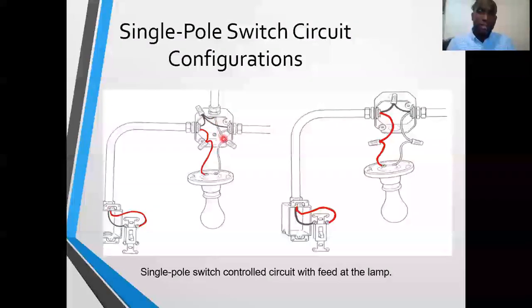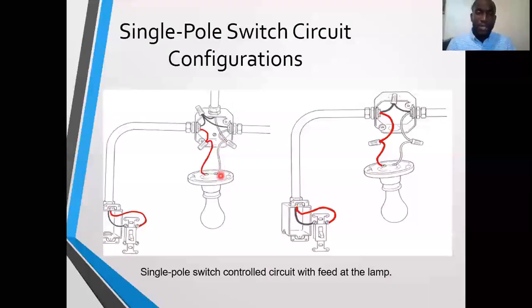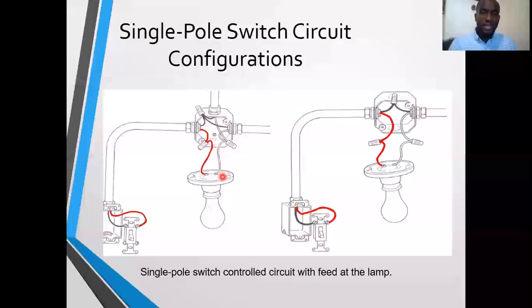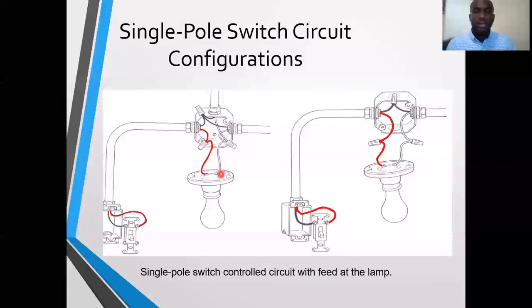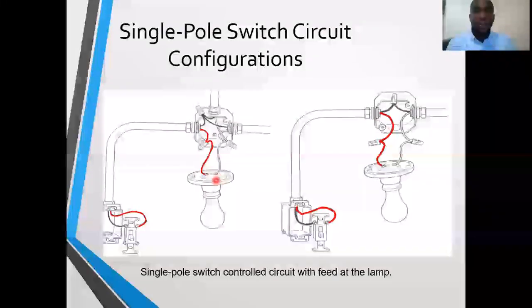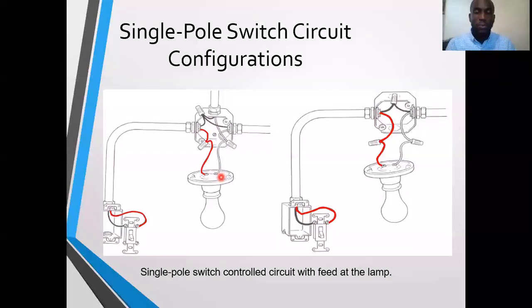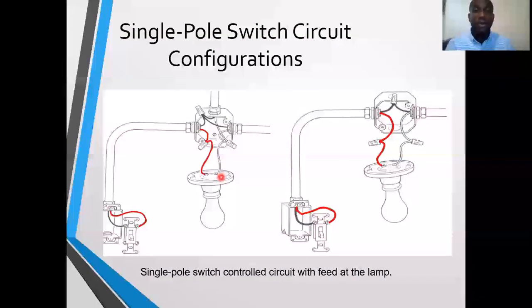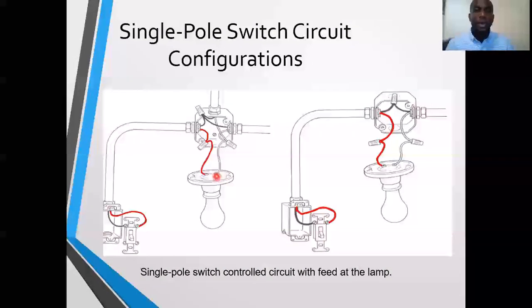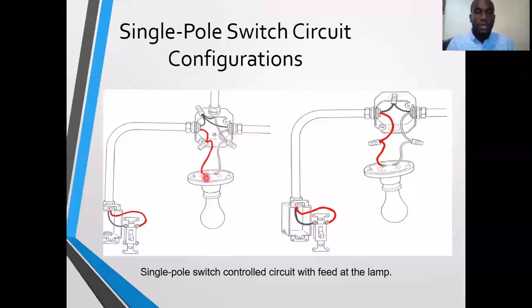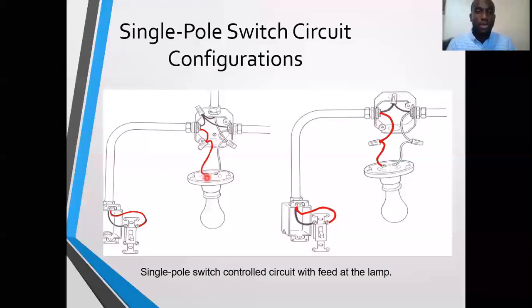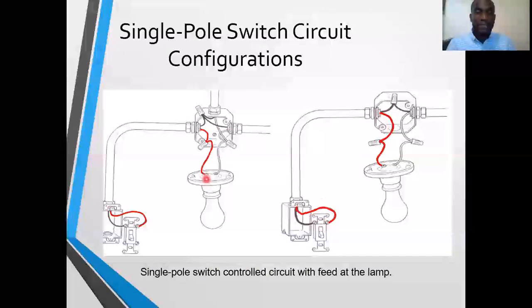We connect the neutral to one side of the keyless receptacle, and in terminations, we understand that the white wire would be connected to the silver contact, the white screw on the keyless, while the switch feed, which is the red, would be connected to the brass or bronze terminal on the keyless.